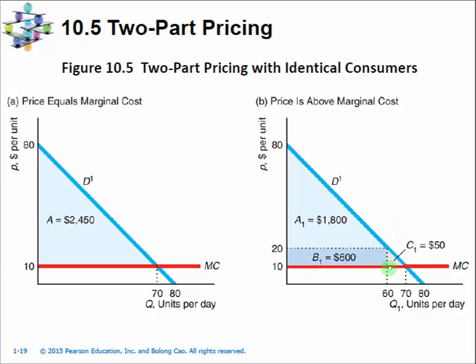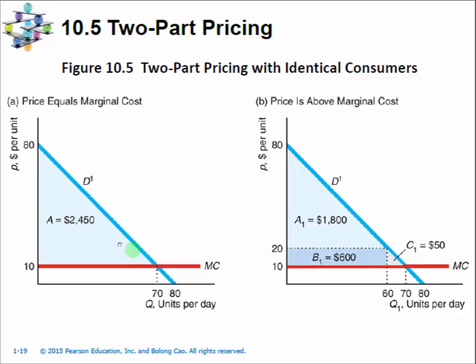The reason for the smaller producer surplus is because of this deadweight loss of $50. The consumers no longer want to buy 70 units when the price is $20 per unit. They only want to buy 60 units. So there's 10 units not sold, but the consumer actually would like to pay a price that is higher than $10.